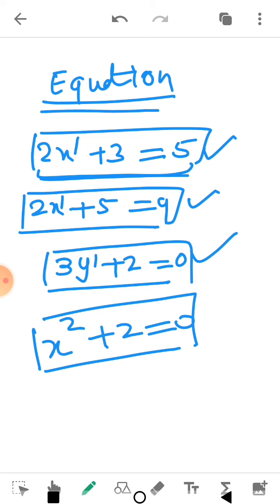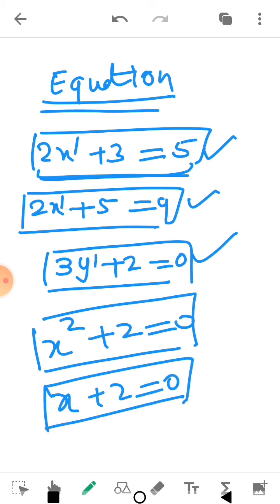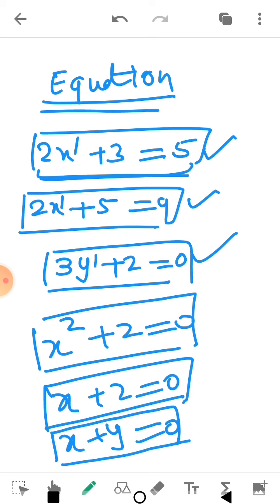And one variable matlab having only one variable, that is either x, either y, either z, that is x plus 2 is equal to 0. This is a linear equation in one variable, but x plus y is equal to 0 is also a linear equation, but having two variables.